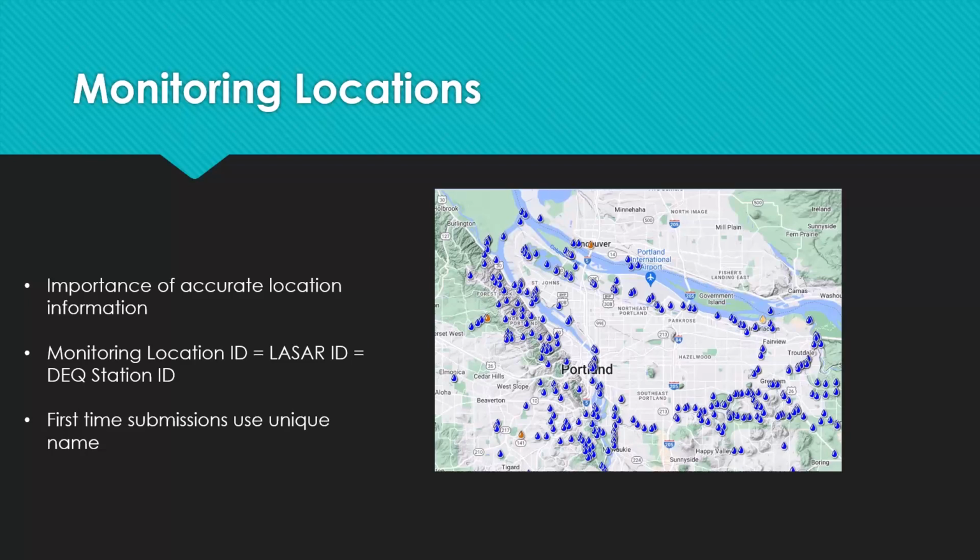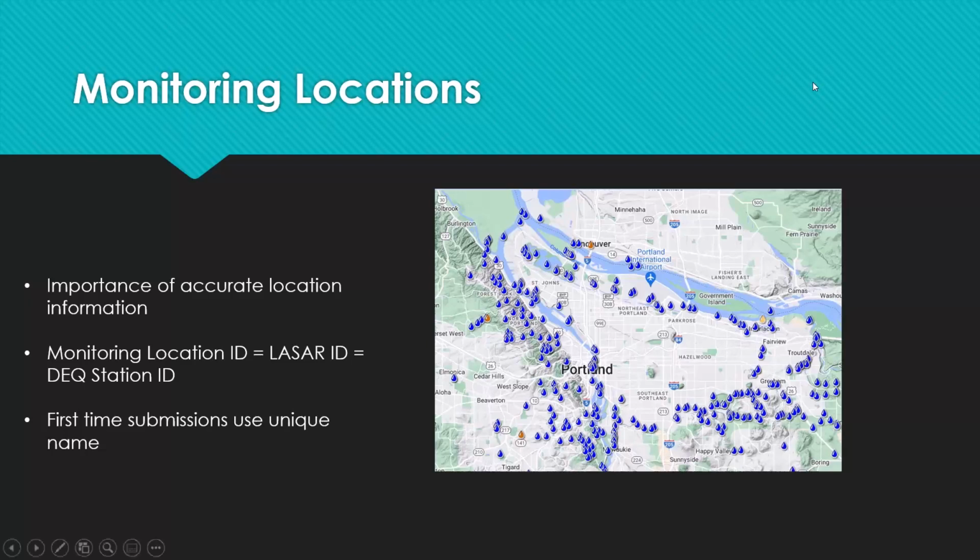For those of you that have never submitted before, or maybe you've submitted but we haven't communicated well enough with you, every bit of data that comes in will be assigned a DEQ station ID, or it will be assigned to an existing station that we already have on record.